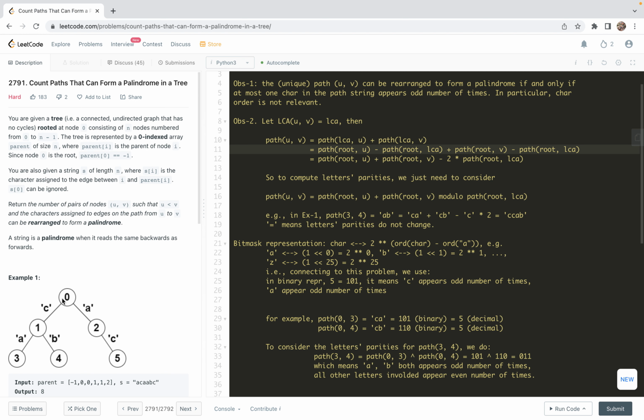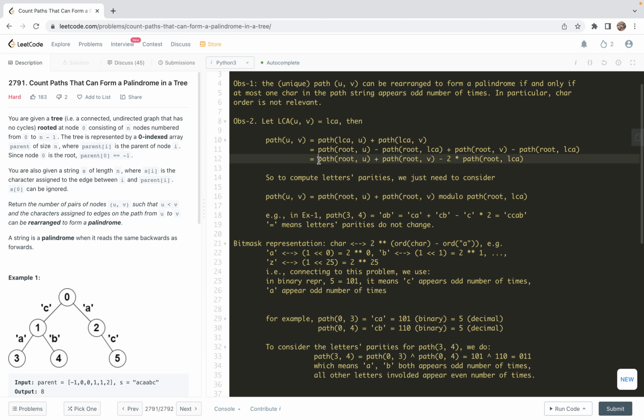We can also compute the path from 0 to 3, that is root to u, and 0 to 4, that is root to v. Then the root to u minus the root to LCA, that is from 0 to 1, will be the path corresponding to LCA to u. Similarly, these two items correspond to the path from LCA to v. This equality is a strict equality.